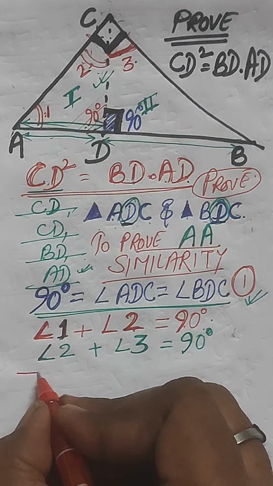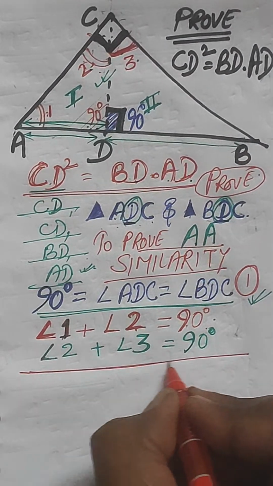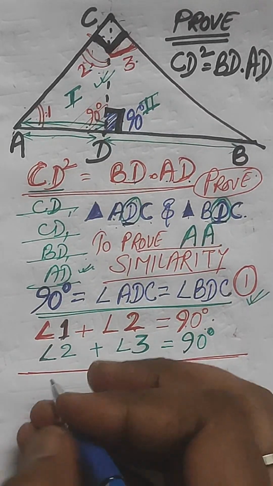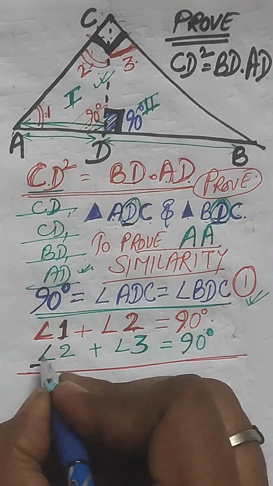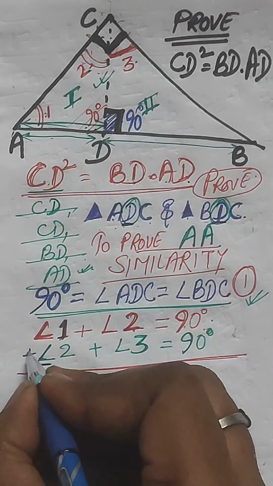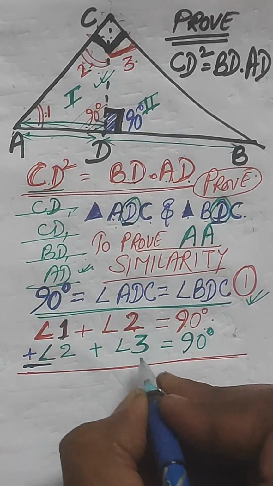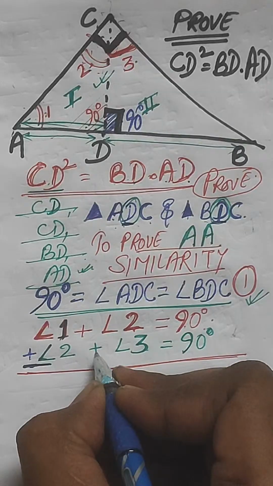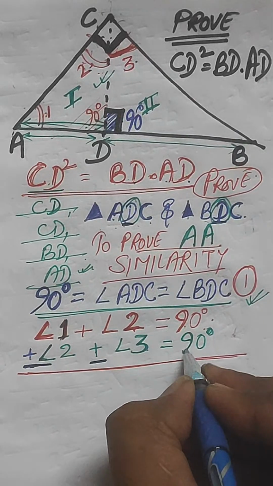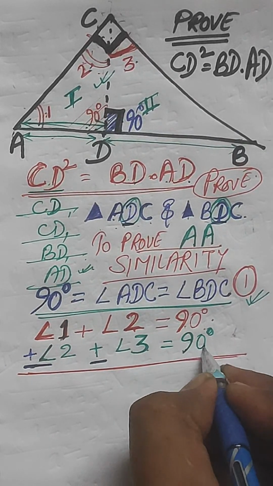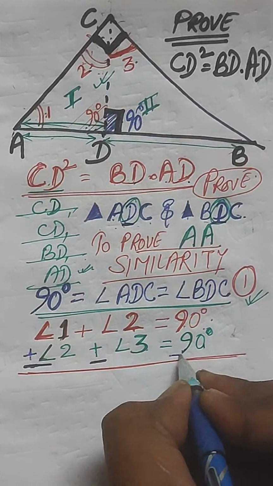And if these are the two equations with you, let us subtract both the equations. Then the sign of angle 2 changes from plus to minus, the sign of angle 3 changes from plus to minus, and the sign of this 90 degree, which is written in green, changes from plus to minus.